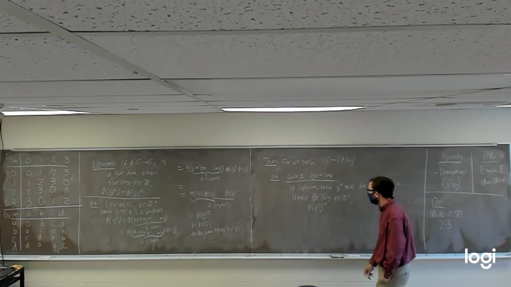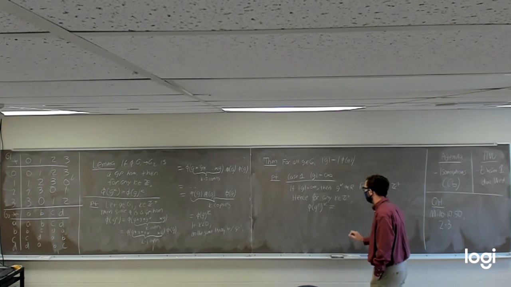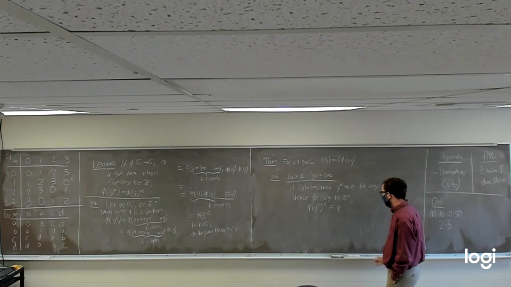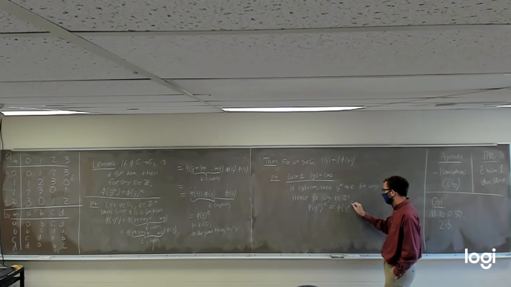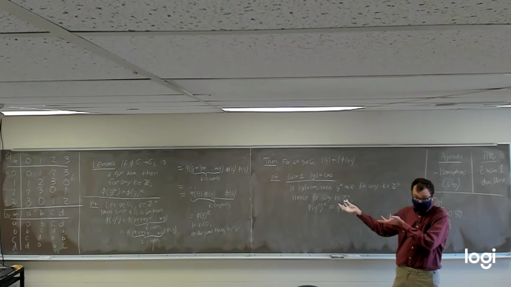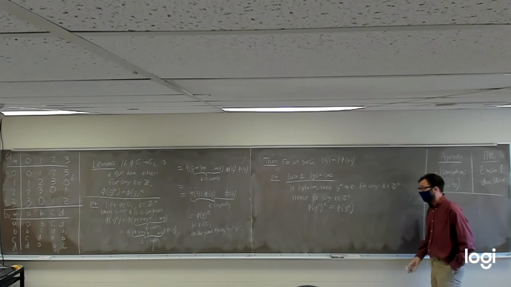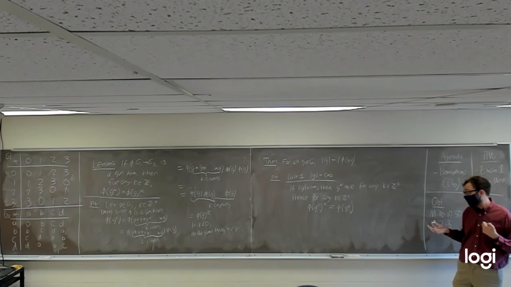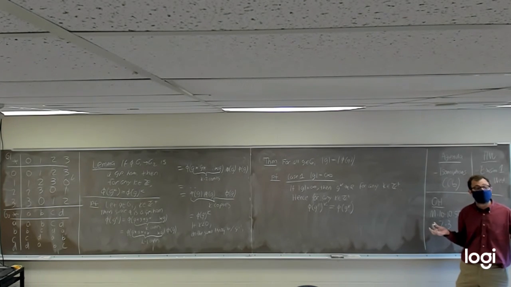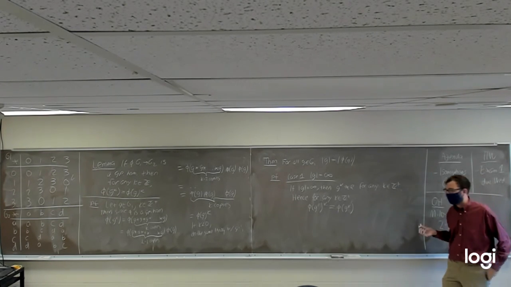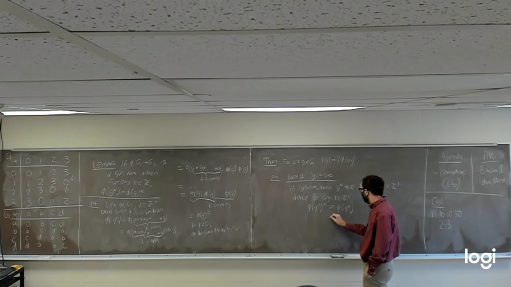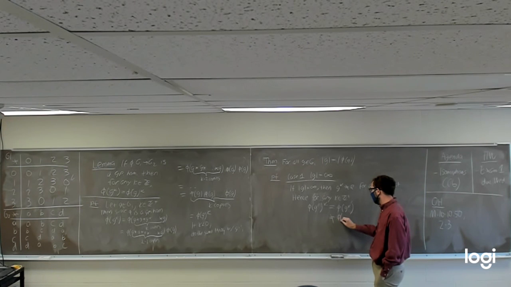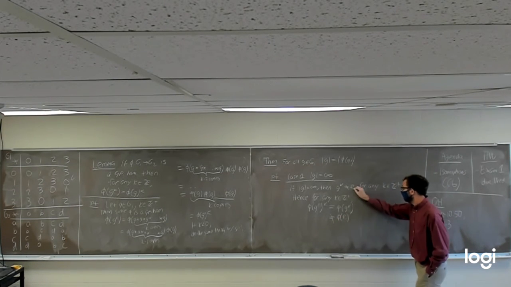Well, phi of G to the K is by definition going to be equal to phi of G to the K, just using the lemma we just proved, that phi of G star phi of G star phi of G over and over is going to be equal to phi of G star G star G star G over and over. Well, we know phi of G to the K is not going to be equal to phi of the identity element in the first group.